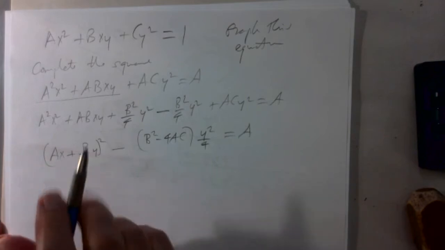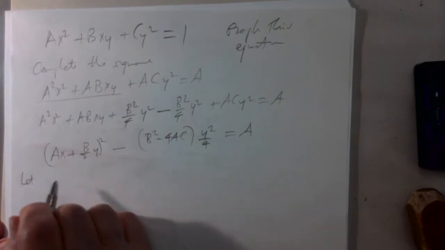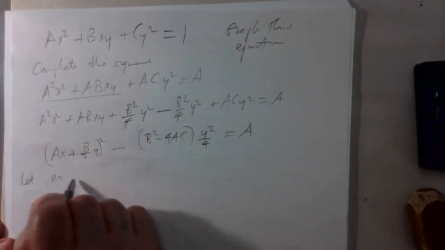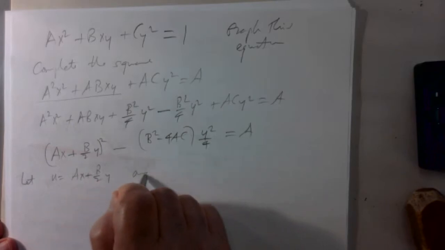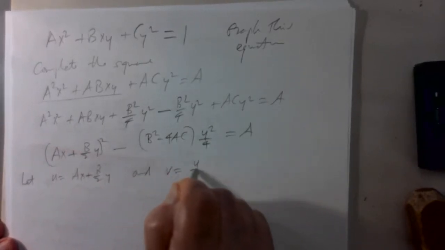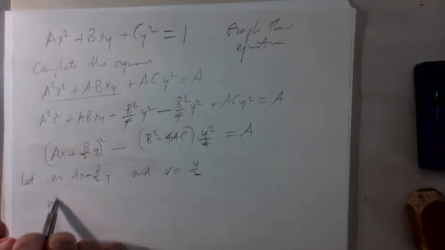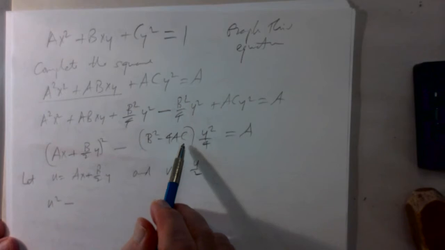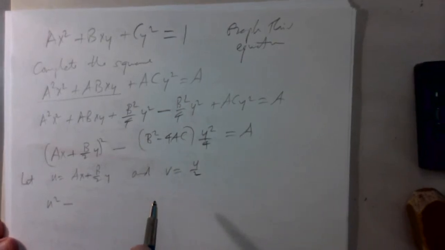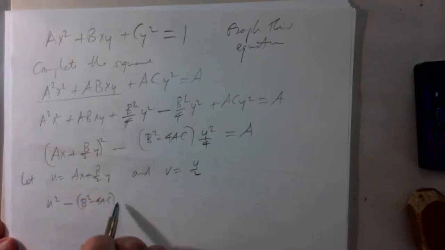So let me change variables just to make this a little bit easier. Suppose I let u be ax plus b over 2 y, and v equal to y over 2. Then what I get is u squared minus this number, b squared minus 4ac, times v squared equals a.